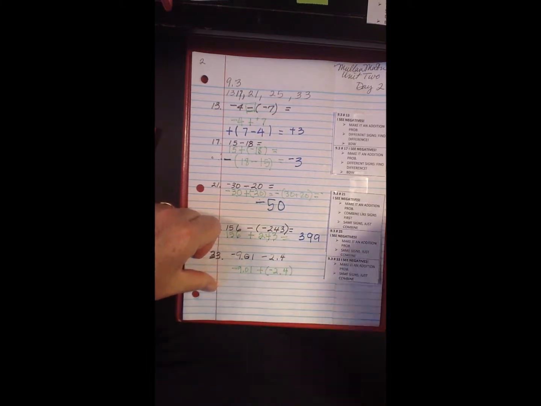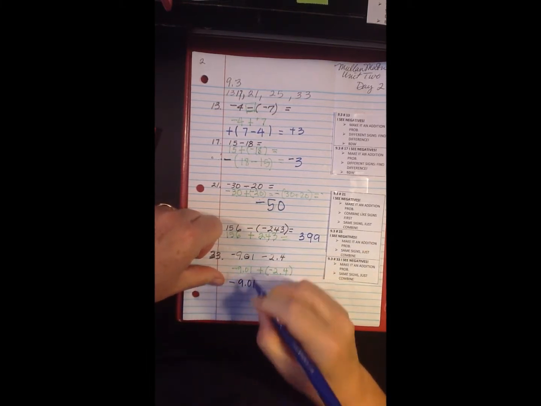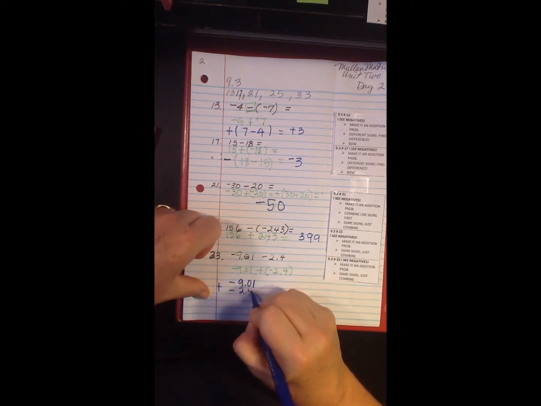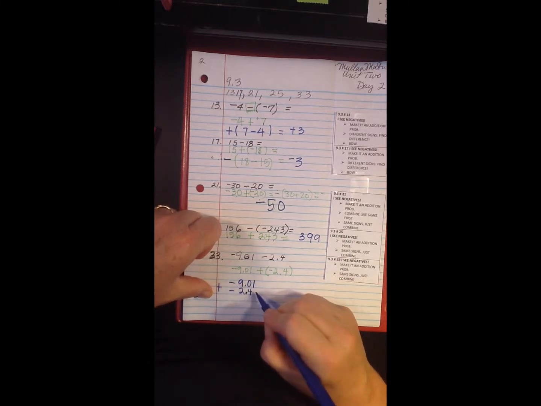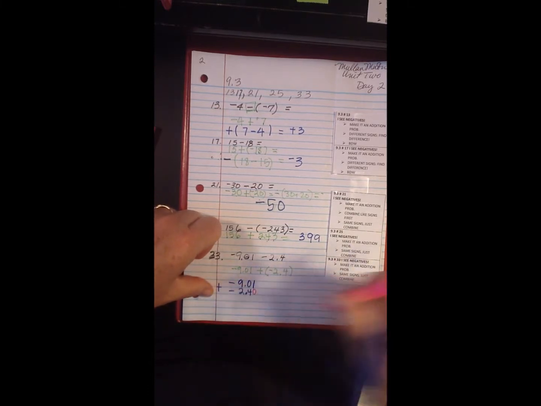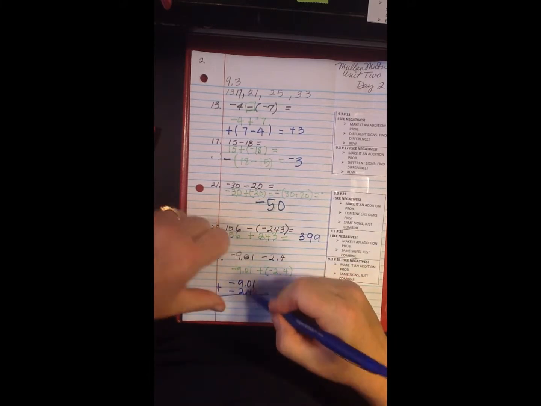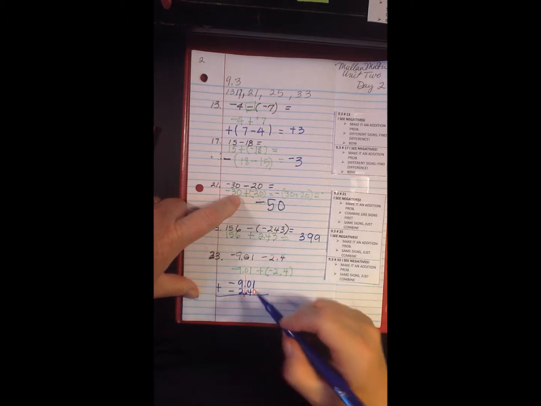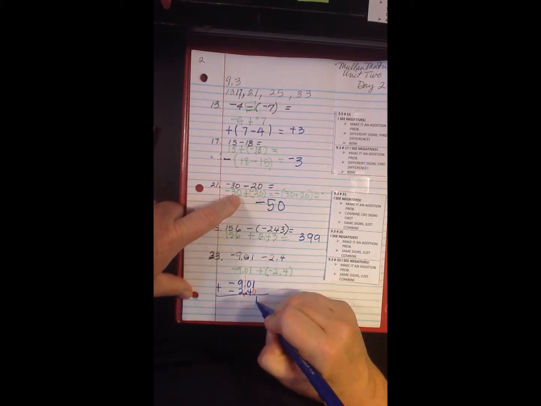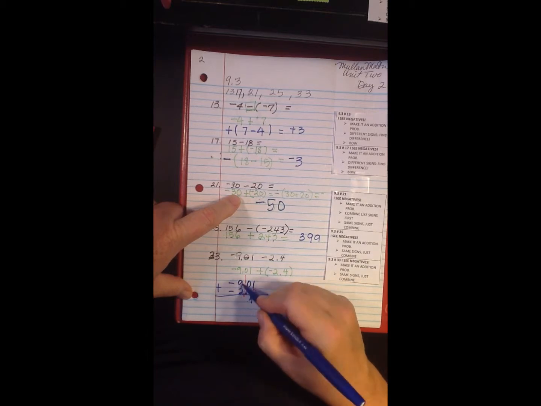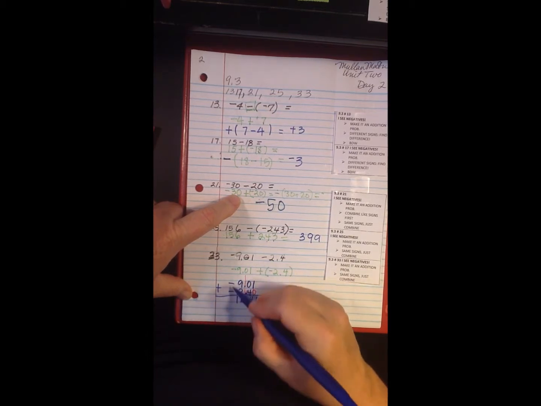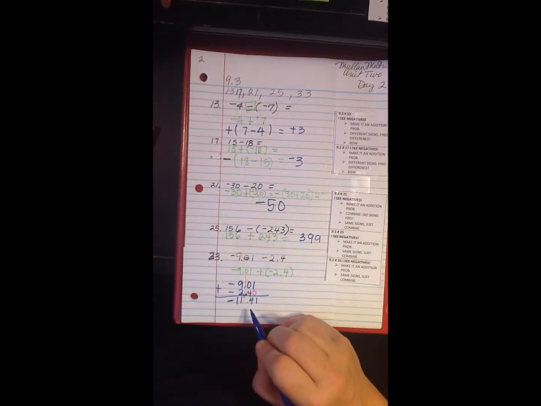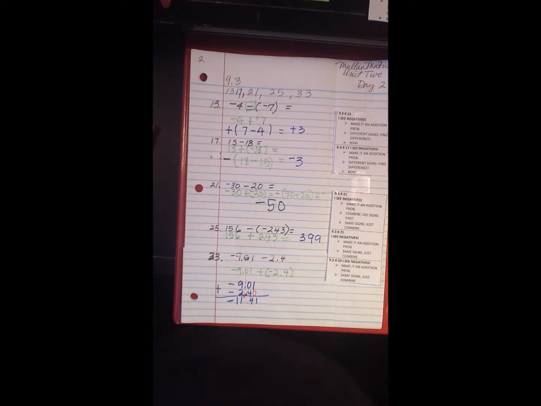So I have negative 9.01, and I'm combining negative 2.4, and I'm going to put a 0 here as a placeholder. Super important. Remember, you're going to line up these decimal points so you're adding things correctly. So 1 plus 0 is 1, 0 plus 4 is 4, 9 plus 2 is 11. And my answer is negative. Same signs, just combine. So I have negative 11.41 for number 33.